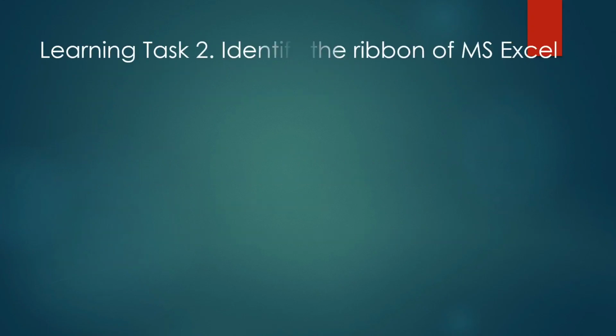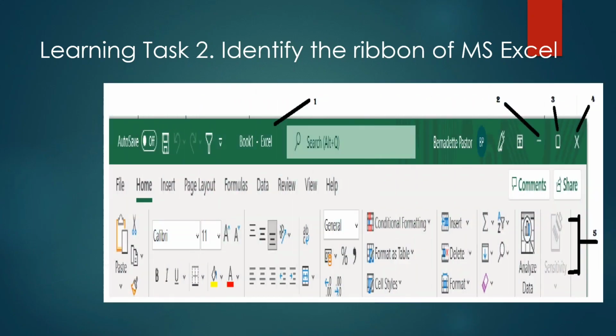Next, for learning task 2, identify the parts of the Microsoft Excel window. So I have 1, 2, 3, 4, and 5 questions for you.